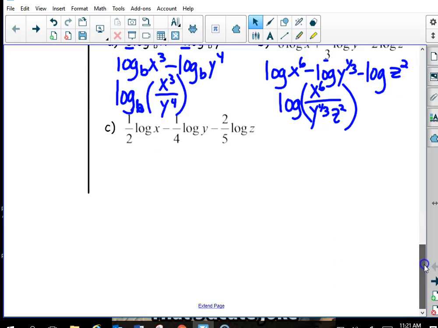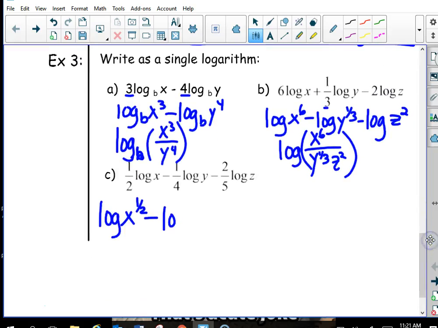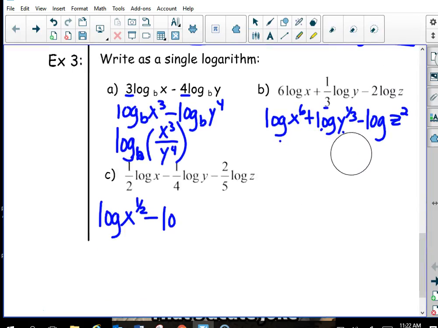All right, one more with a ton of fractional exponents. Okay, common log of x to the 1/2 power minus common log. Okay, I just noticed a mistake. This is supposed to be addition, and I noticed it because I saw the subtraction in that middle term.